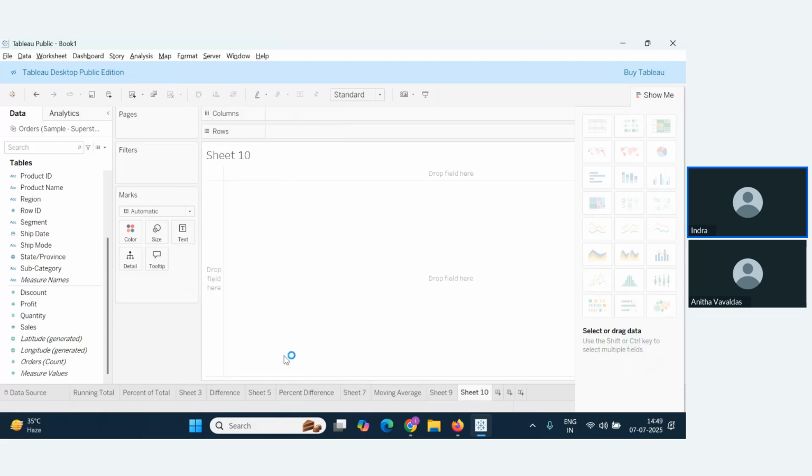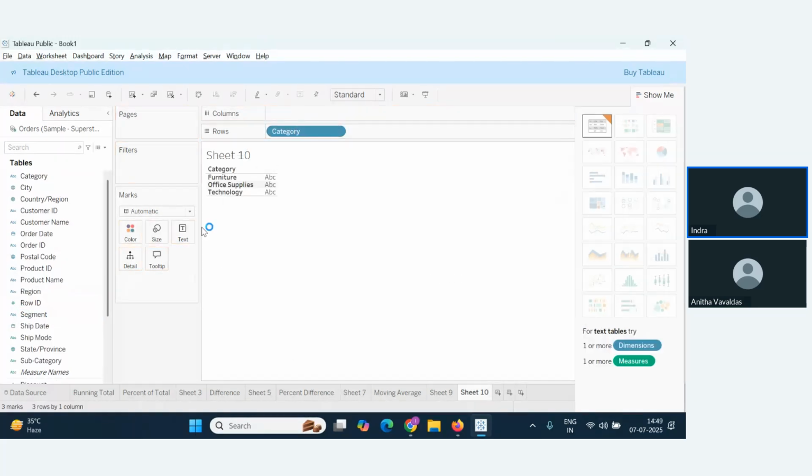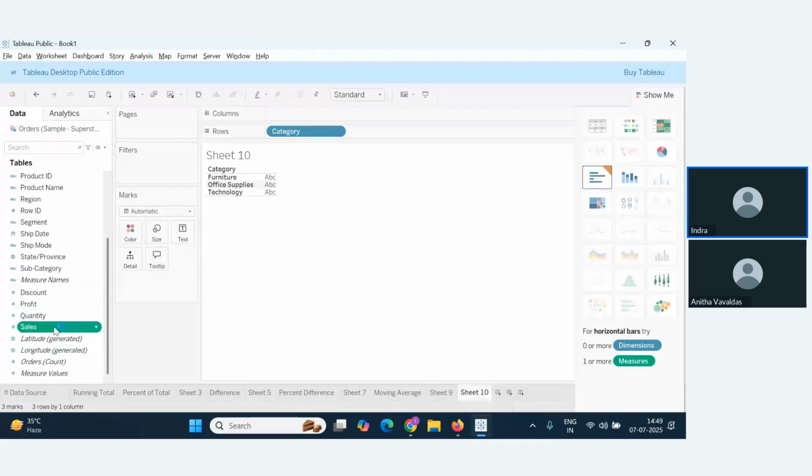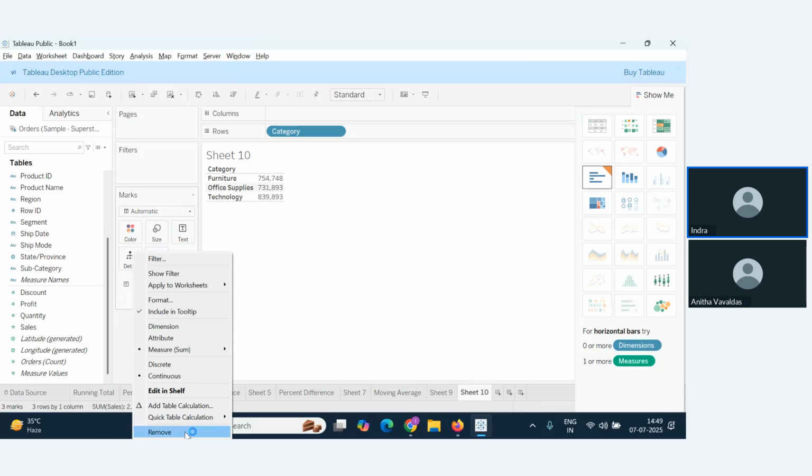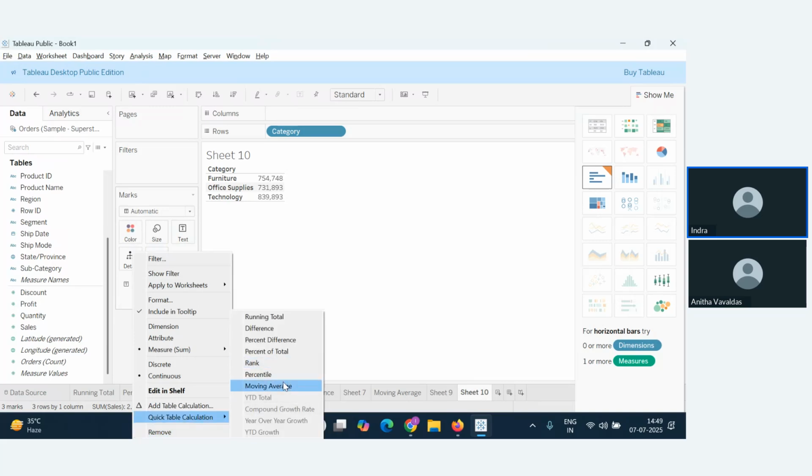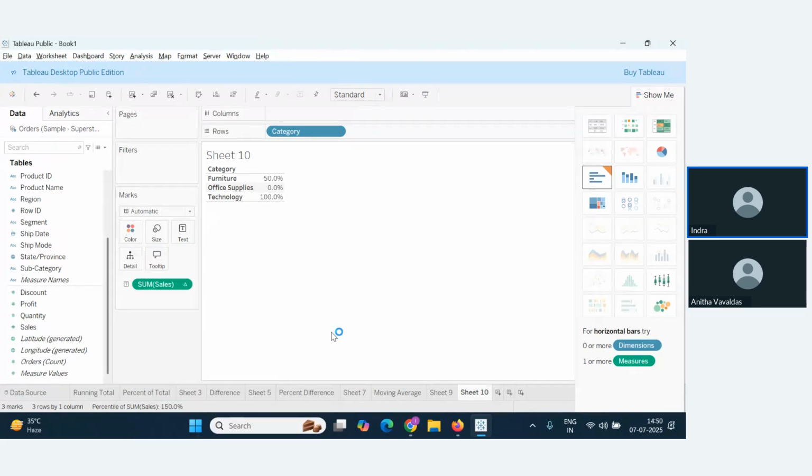Let me show you one more example. Let's say I take only category this time, and I will take my sales. Now I'll go to the quick table calculation and select percentile. From this, I can understand that most of the sales are for office supplies.